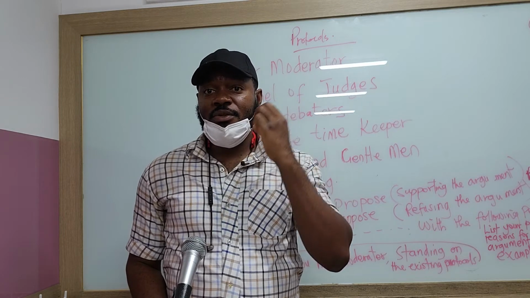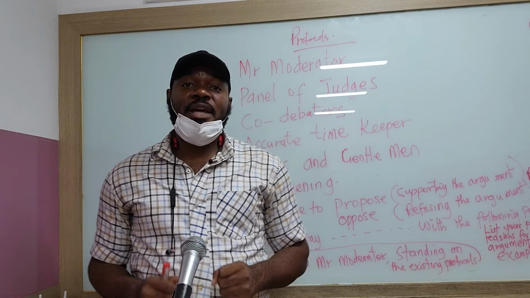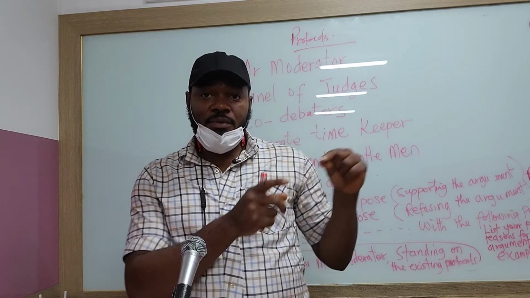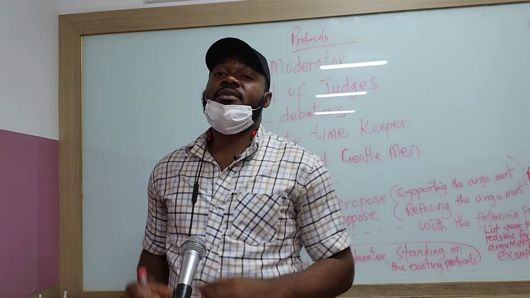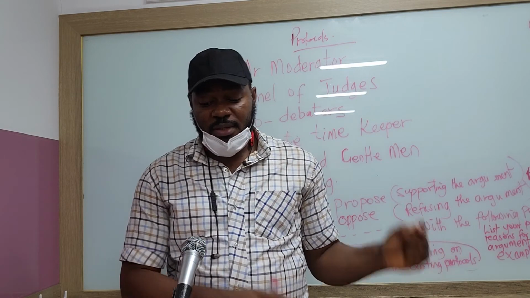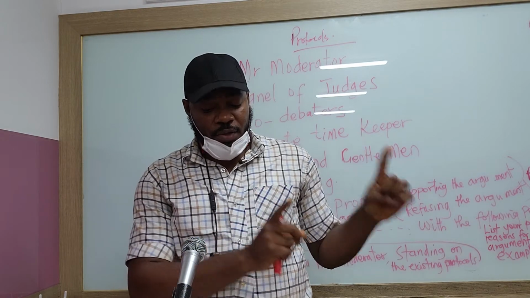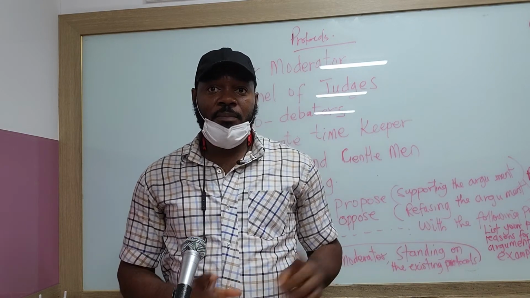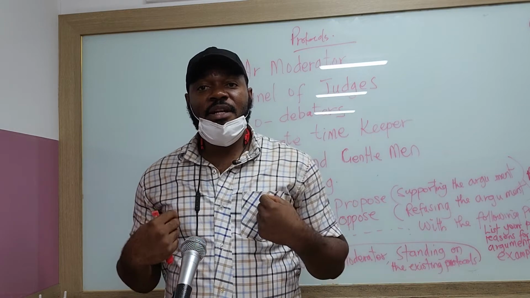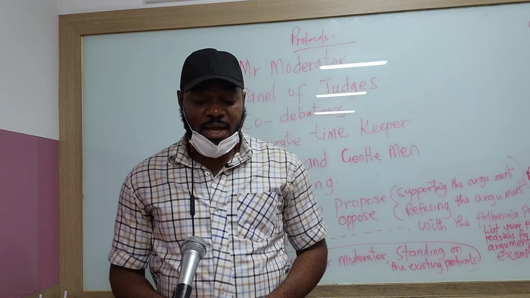All the opposing students have to listen very well to what the proposing students are saying. So when they come up, they have to refuse the argument, and they have to make their own argument. Let's use another word. They have to disagree with the opening speech from the proposing side, and then make their own speech, make their own argument. Okay? So that's what they have to do.